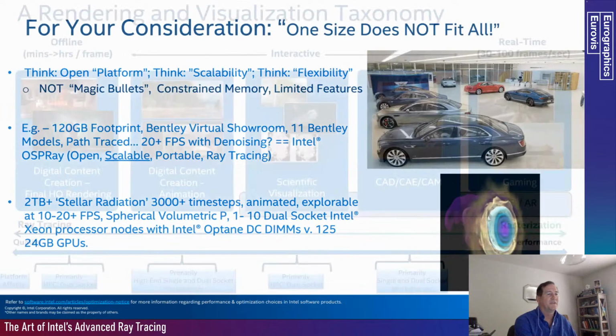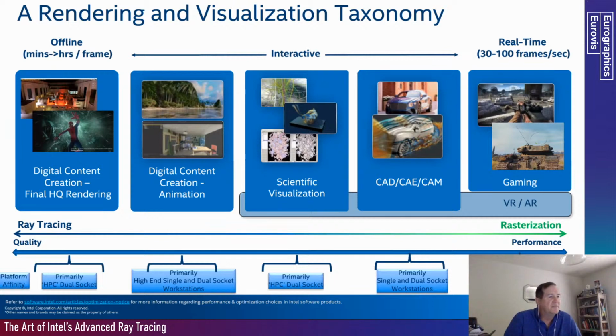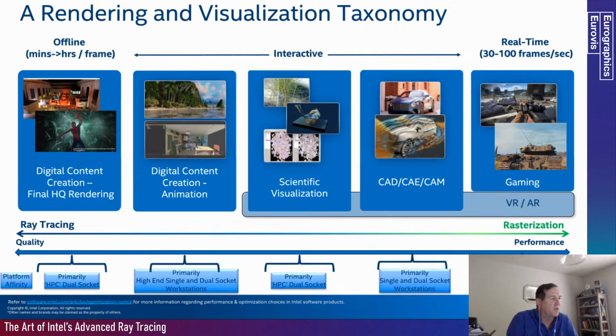As background information, I'll be talking about this. This is one of the ways that we look at the rendering and visualization taxonomy, and all these markets or domains that our toolkit touches, as well as other rendering capabilities across the industry, from final high quality rendering all the way to the left, where it's sometimes called offline.